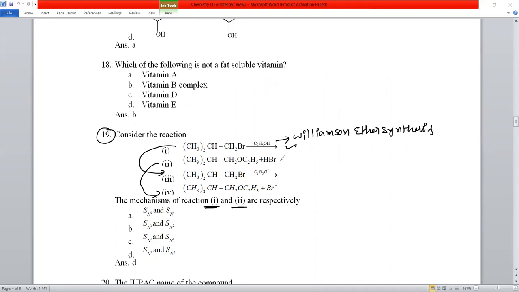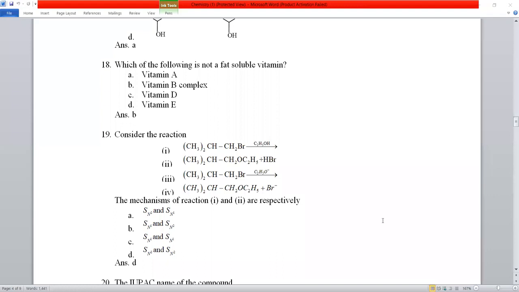And this is the Zeisel method, which is nothing but ether cleavage. Both follow the SN2 mechanism only. So the right answer is option D.